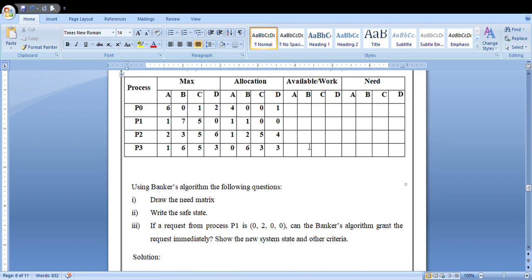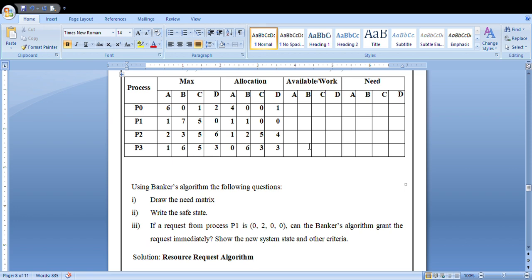And next one, as I said, in your banker's algorithm, there are mainly 2 algorithms. One is the safety algorithm and another one is the resource request algorithm. In this problem, you are making use of the resource request algorithm.